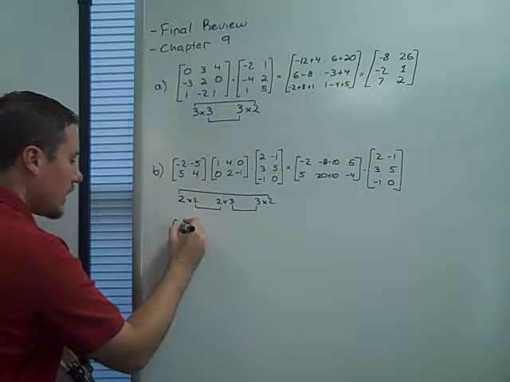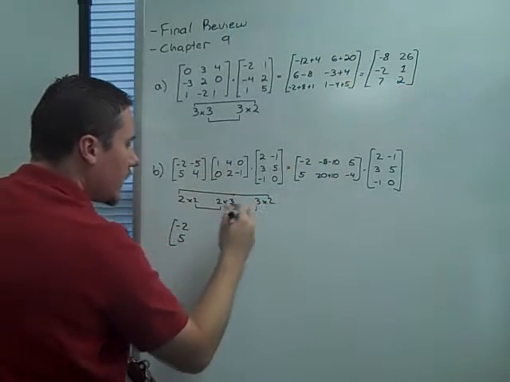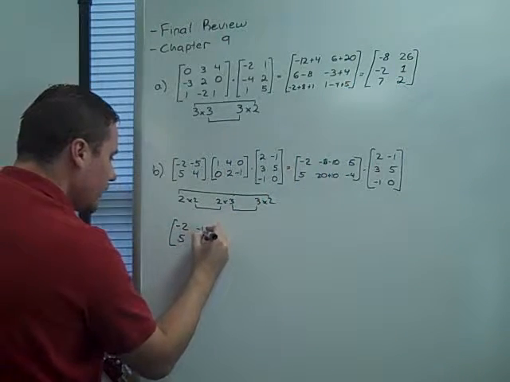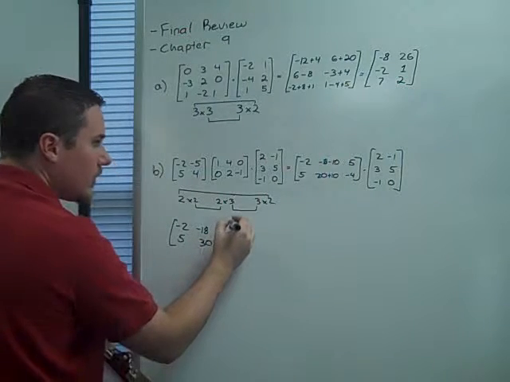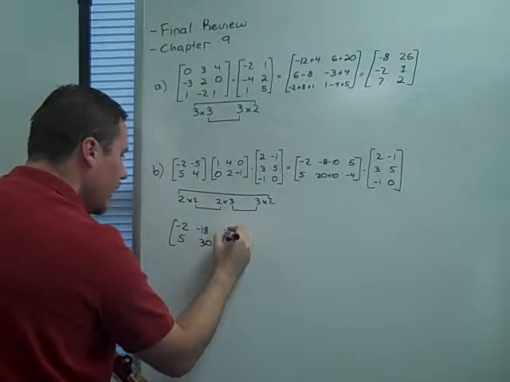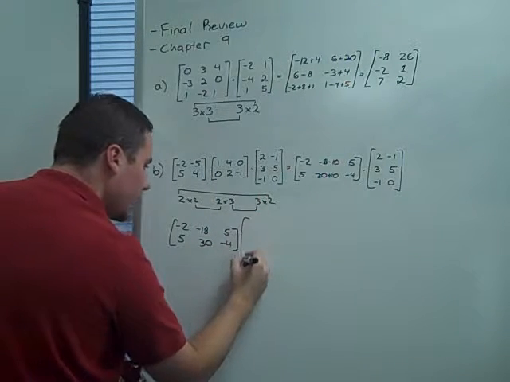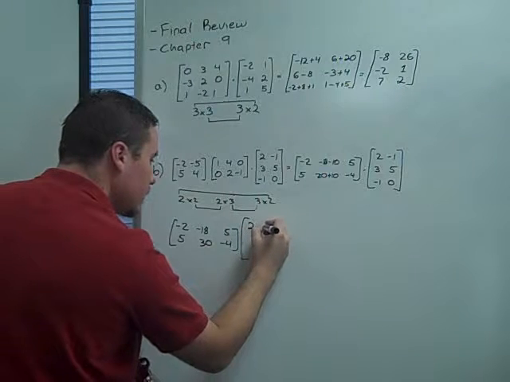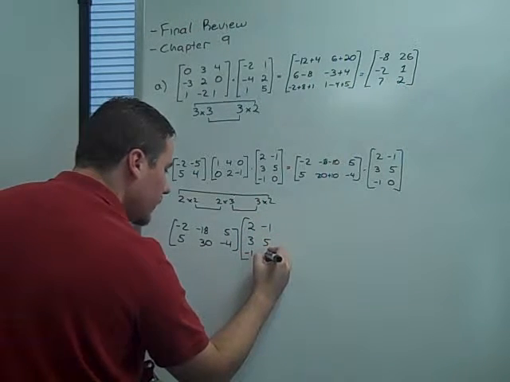So, it's negative 2, 5, negative 18, 30, 5, and negative 4. All multiplied by 2, negative 1, 3, 5, negative 1, 0.